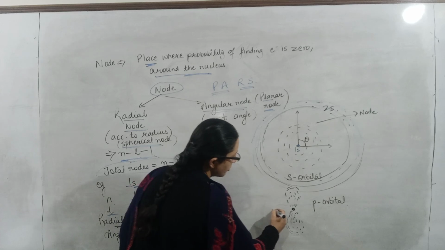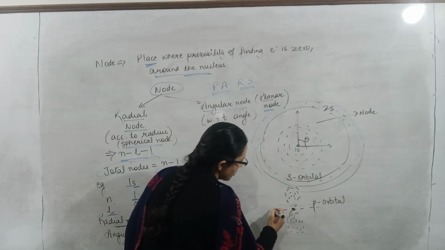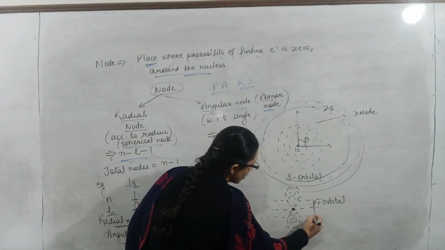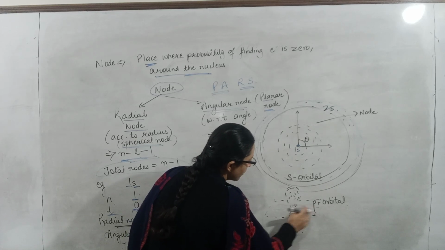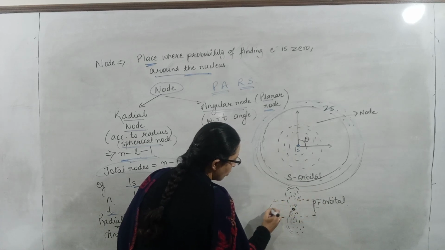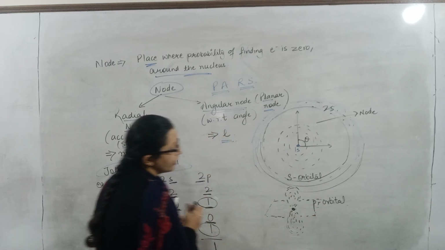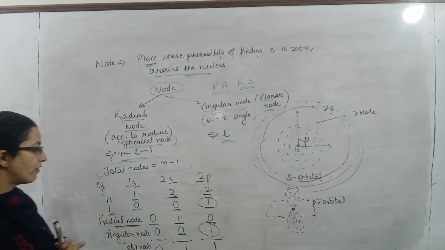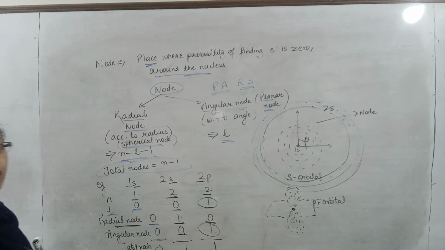So if you move in the molecular plane, so along the plane of the molecule, there will be angular node. Okay, so along the plane of the molecule when we go, there will be angular node. So there is only one angular node and no spherical node in 2p orbital.